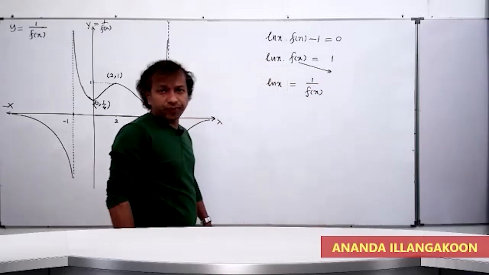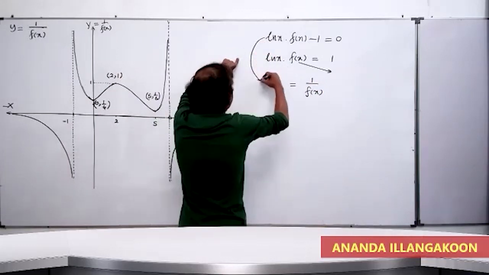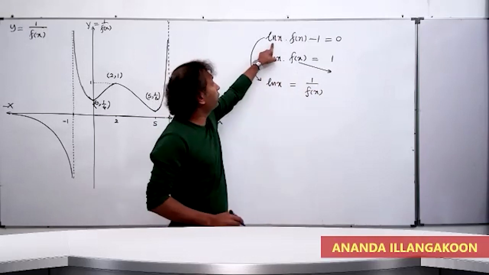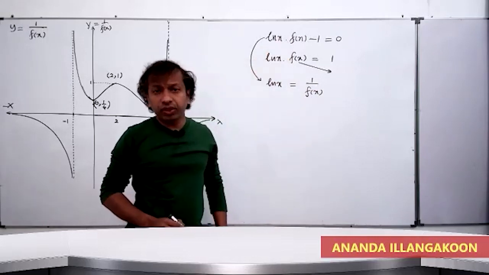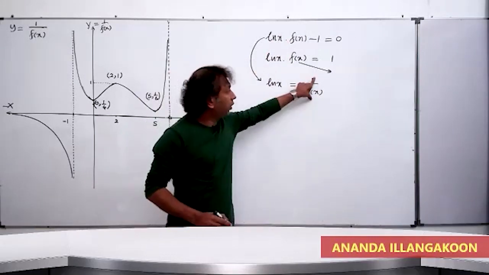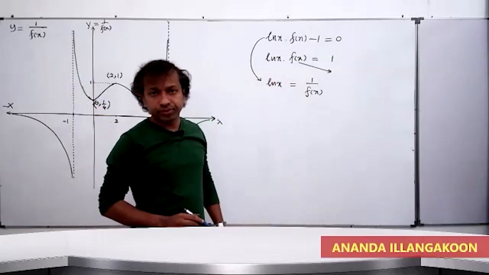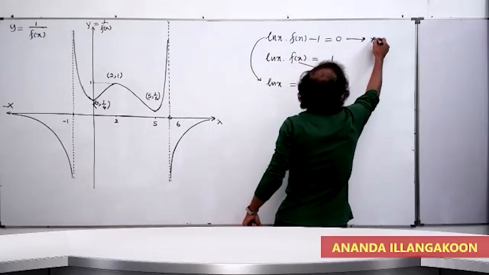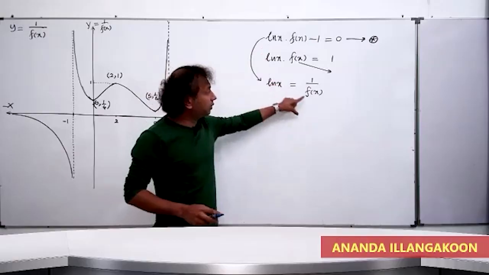Then people, this equality means the solution of this equation is the x coordinates of the points of intersection of the graph we just now drew and the ln x graph. The solution of this equation star means what, people? We can write that equation star like this. 1 upon f(x) means the graph we just now drew.